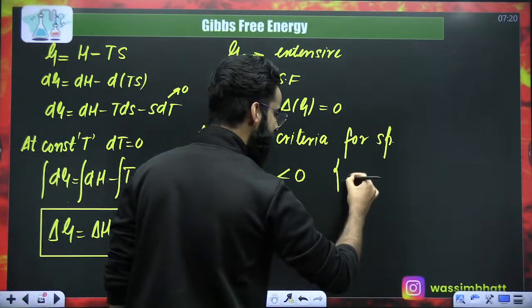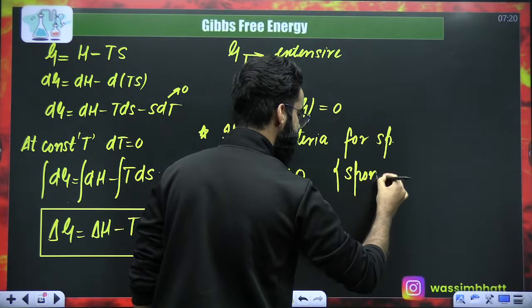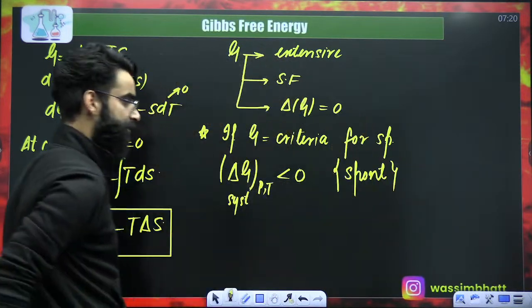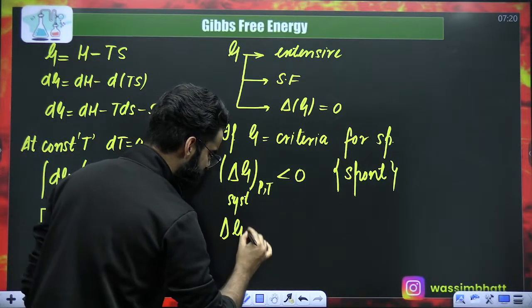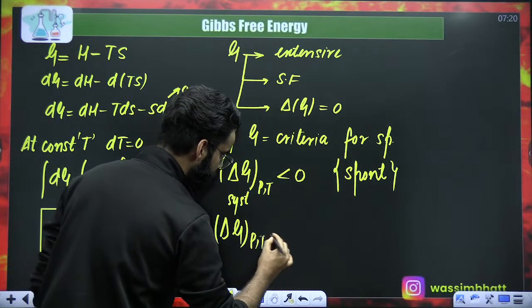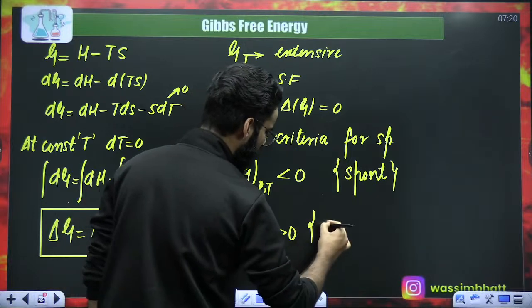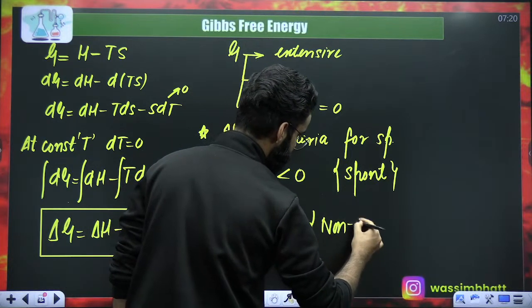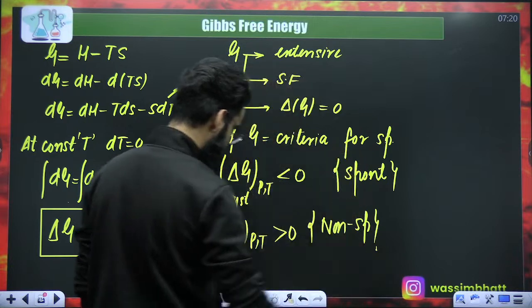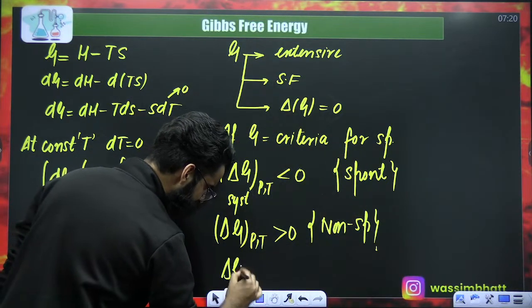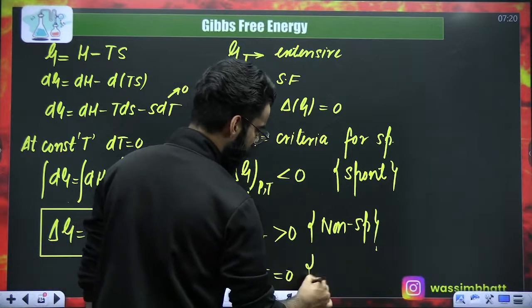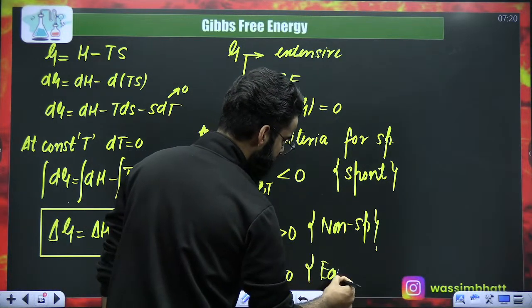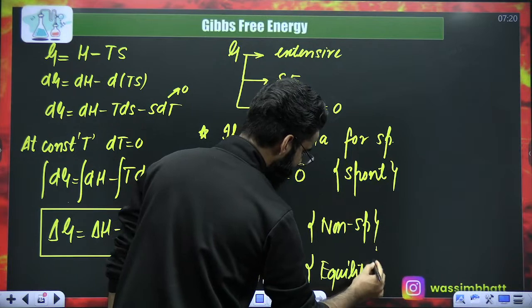Then only I can say the process is spontaneous. Similarly, if delta G for the system at constant pressure and temperature comes out to be greater than 0, we'll be saying the process is non-spontaneous. And similarly, if delta G for the system at constant pressure and temperature comes out to be 0, then you will say system and surroundings are at equilibrium.